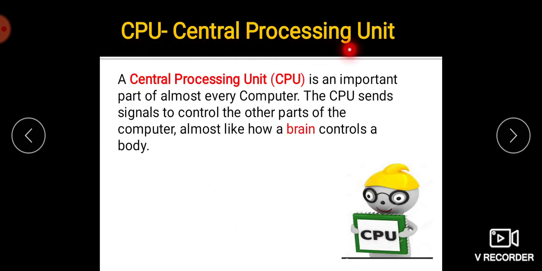CPU or Central Processing Unit or processor is an important part of almost every computer. The CPU sends signals to control the other parts of the computer, almost like how a brain controls a body. So in the human body, brain has the important role. Just like that, in computer, CPU has the important role.